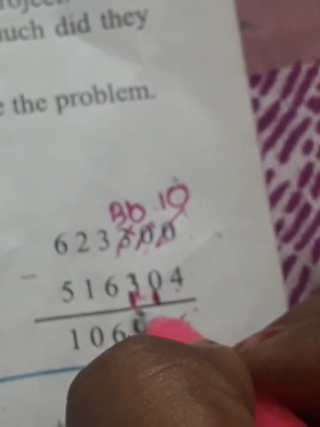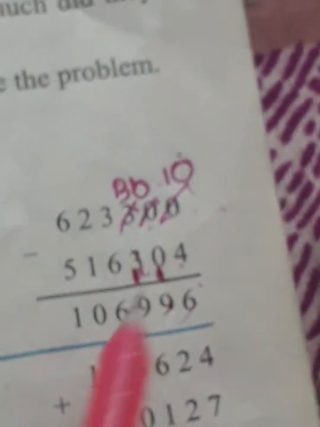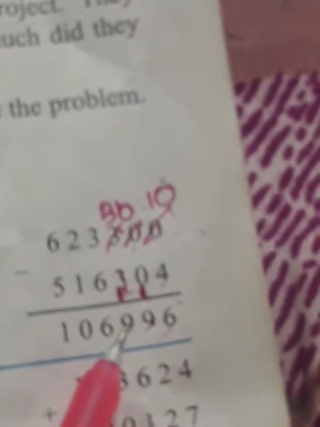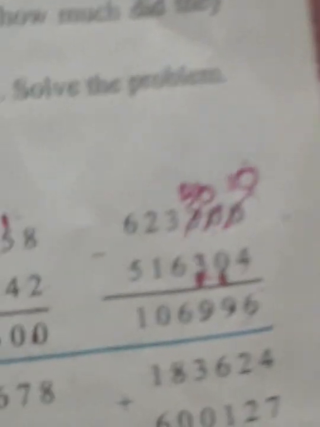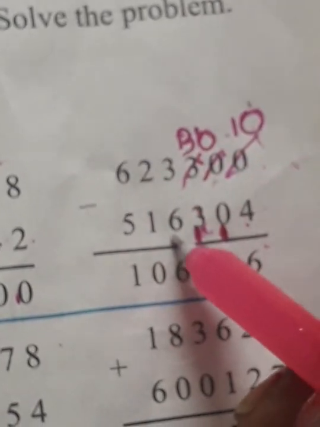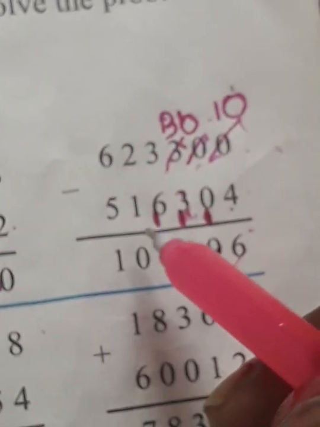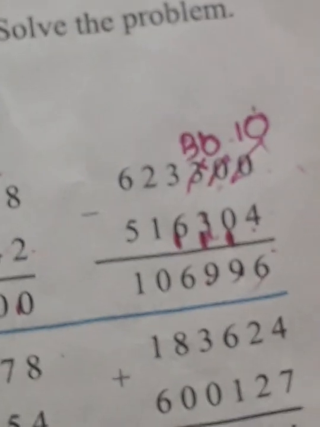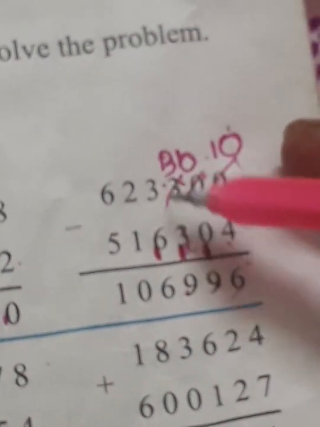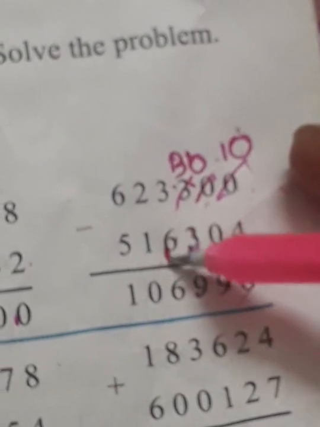So 13 minus 4 you will get 9. Clear? 13 minus 4 you will get 9. Now this 9 we have assumed here as 13. So what we'll do in the next column downside, we will add 1. Now if we see upside, it is 3 and here it is 6 plus 1, it is 7.